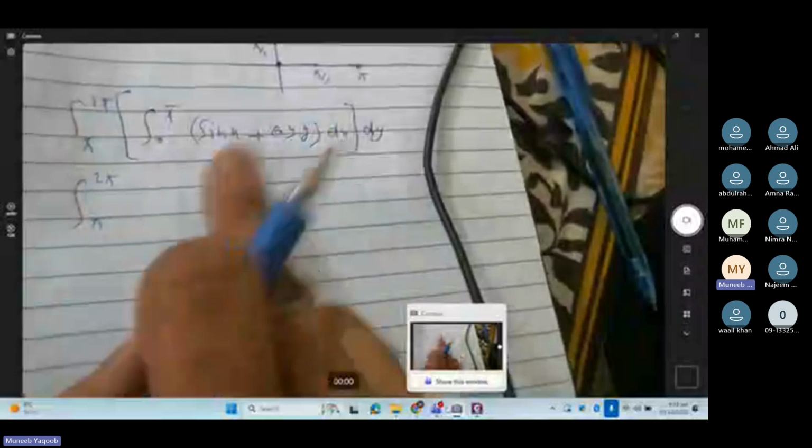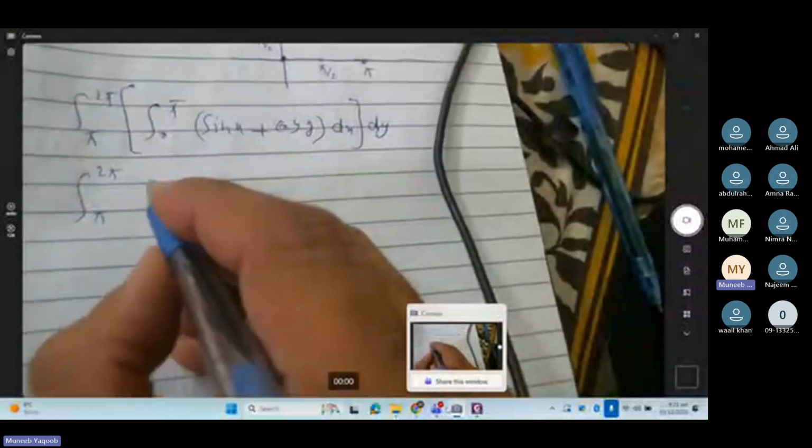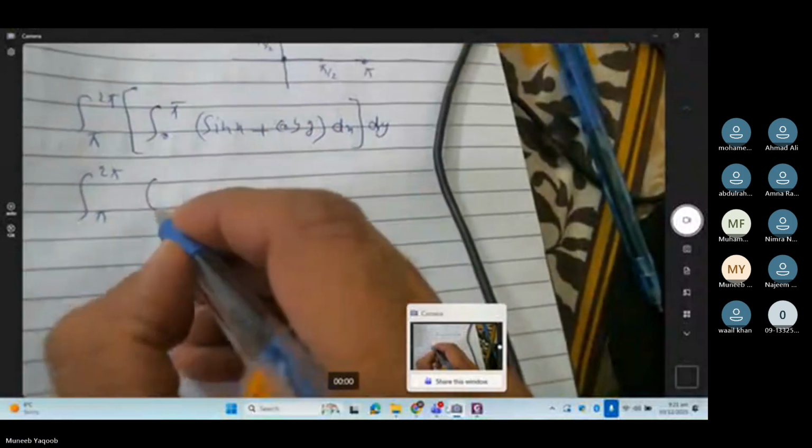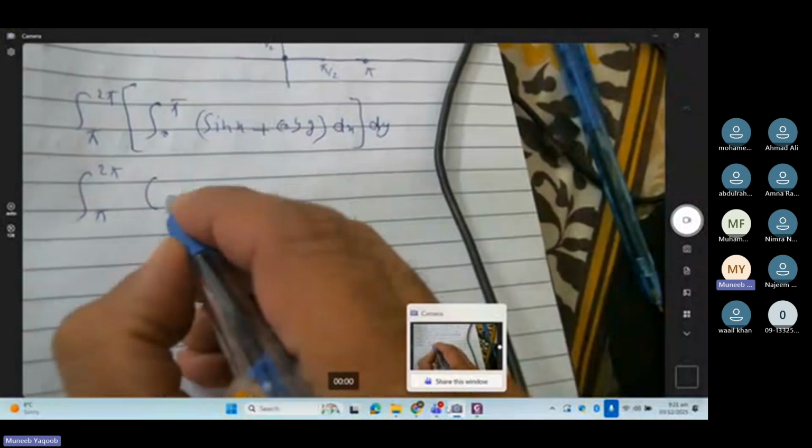Okay, now first of all we will integrate with respect to x because the inner integral is with respect to x. So integral of sin x is minus cos x.